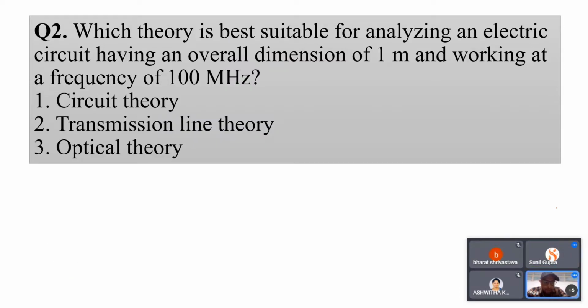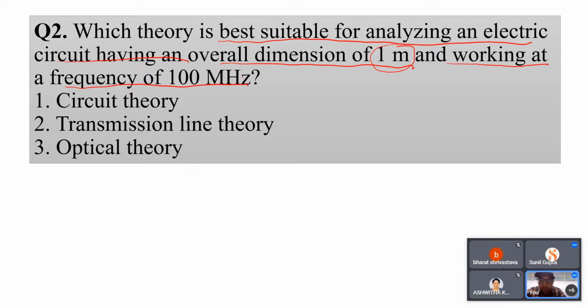So here is the second question based on the question that we have seen earlier. There we have seen the significance of transmission line theory. The second question is: which theory is best suited for analyzing an electric circuit having an overall dimension of 1 meter, and the circuit is working at a frequency of 1 megahertz?